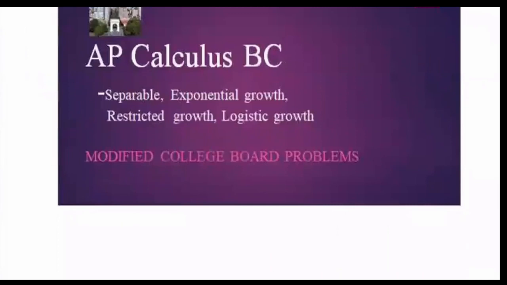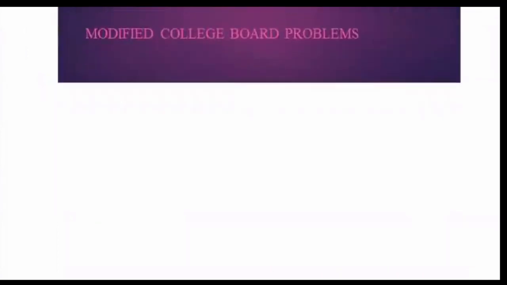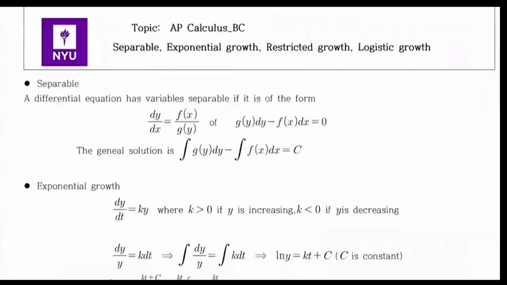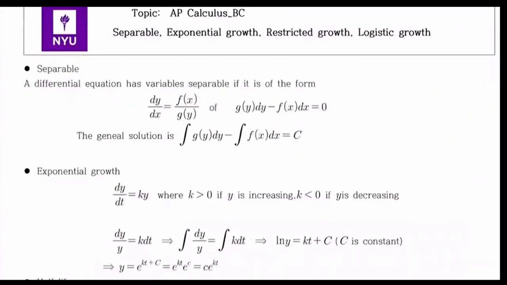Okay, let's start the modified College Board problems. Before solving the problem, let's check this concept. Separable: a differential equation has variable separable if it is of this form, dy over dx equals f(x) over g(y).